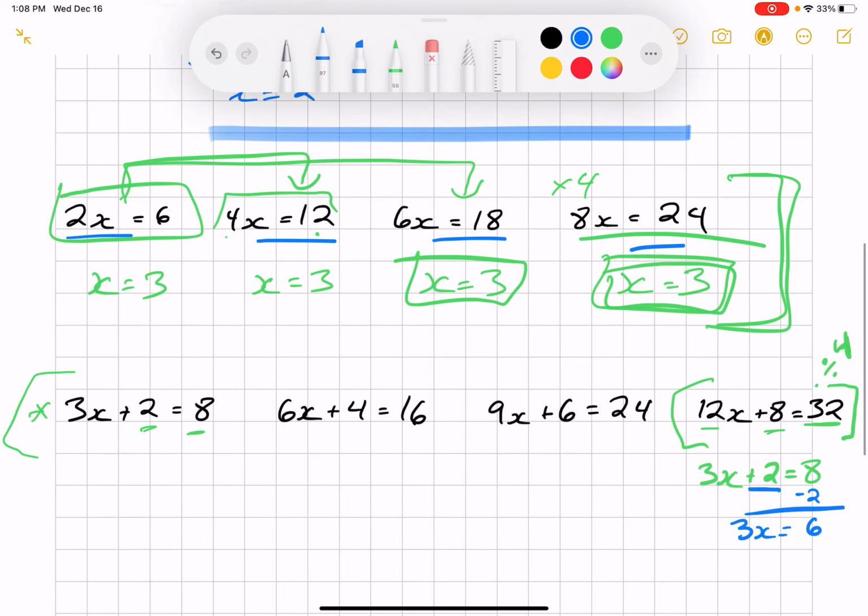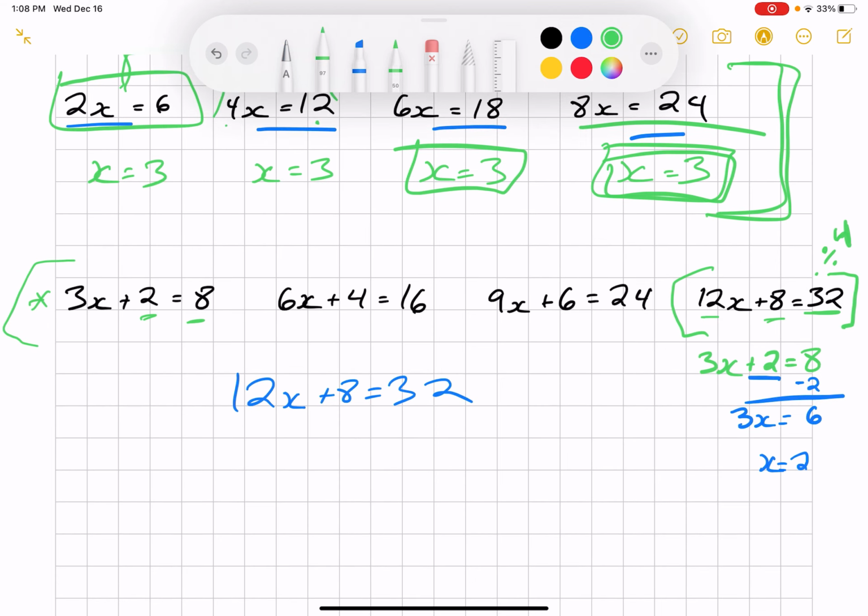And then I can say what times 3 is going to give me 6, and that is going to be 2. And now I can take 12x plus 8 equals 32, and I can check this by plugging that number in. So that's 12 times 2 plus 8 equals 32. 12 times 2 is 24, and then if I add the 8, it is 32.